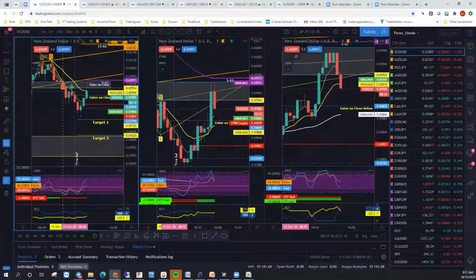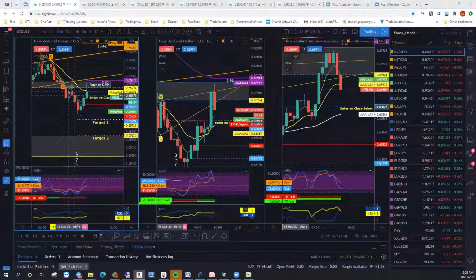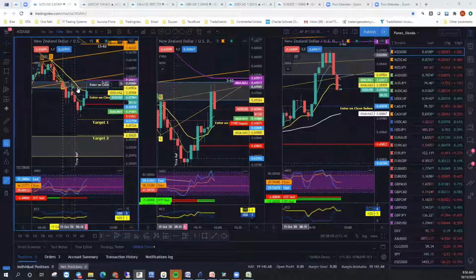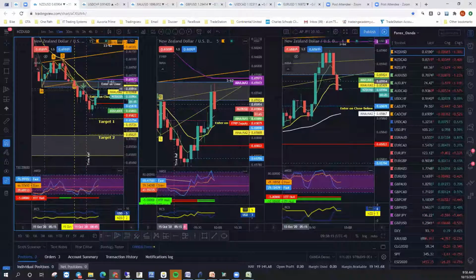Break of the wedges. See this one on the 15-minute came up, tested the 13 moving average, broke it, couldn't close above it, right up into our little entry zone, which is from our original alert.